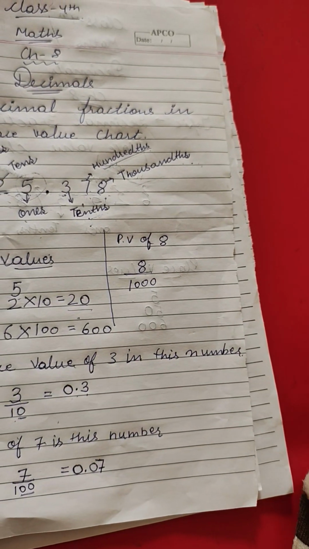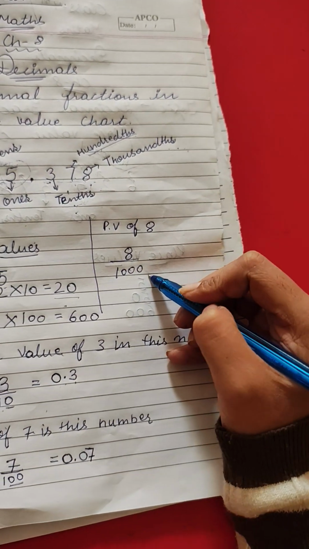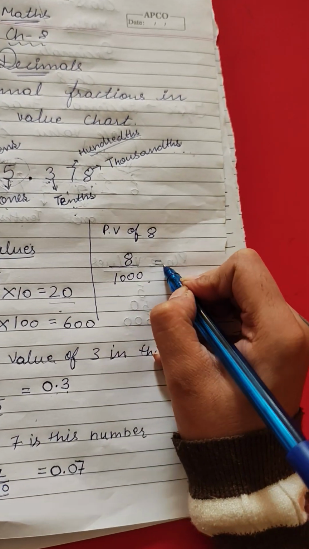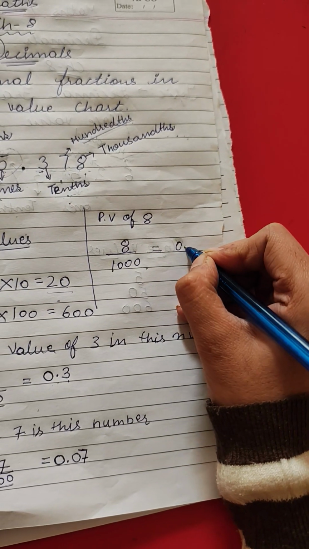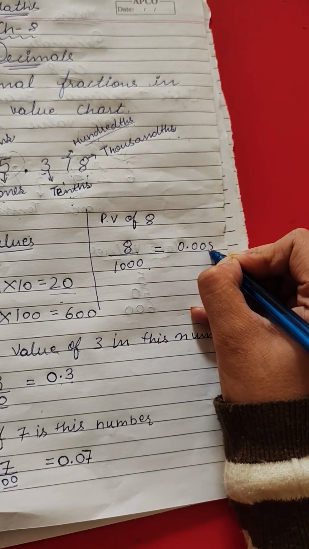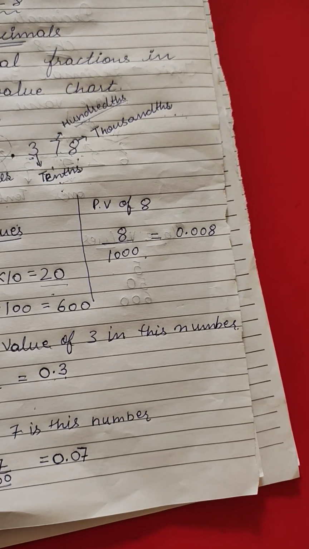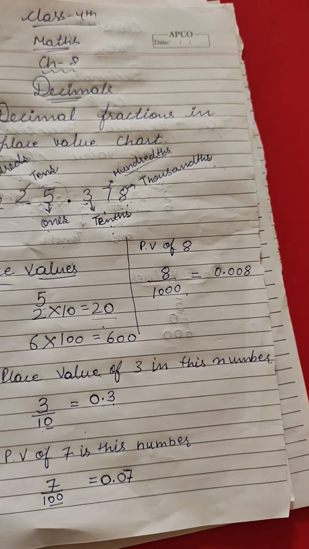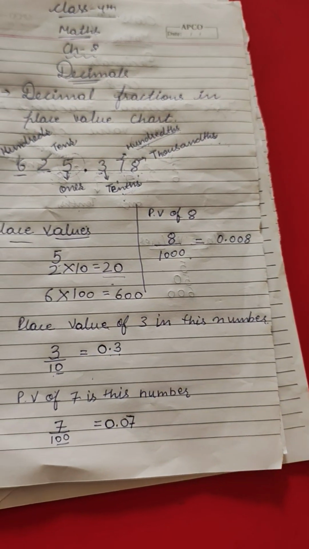This is the fraction form of the place value. Now we have to convert it into decimal and it gives 0.008. So the place value of 8 in this number is 0.008.